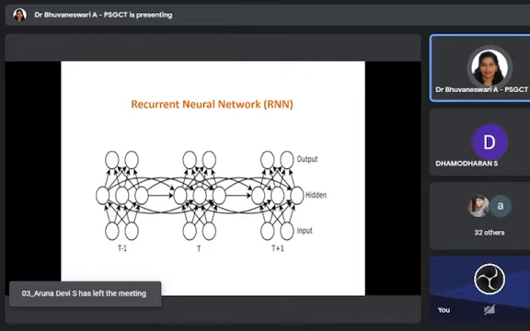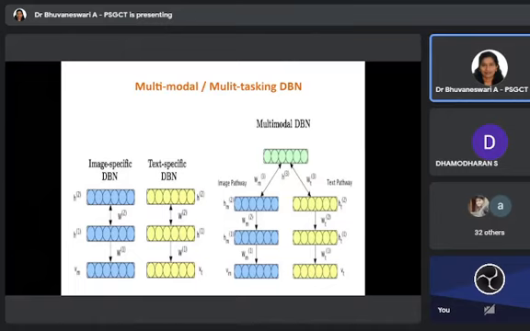And next is the multimodal or multitasking deep belief network. So you can use different types of data like videos, images, text. All types of data can be combined and processed for prediction.